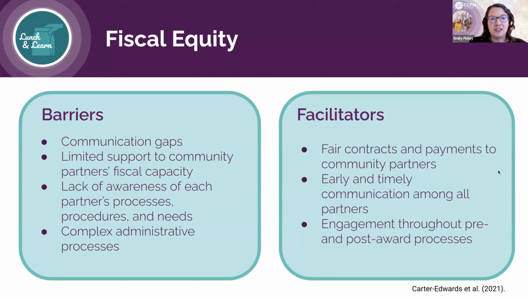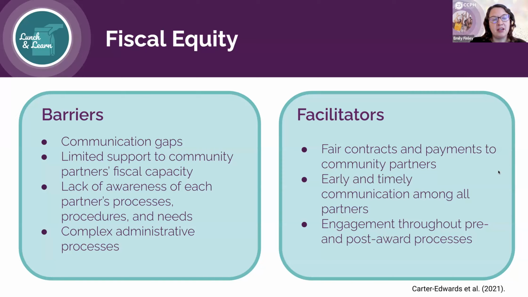Alan touched on this issue of funding for community partners a bit, and this is something that is really important when managing a project startup, is figuring out a way to make sure that the funding structure is equitable and fair for all partners.